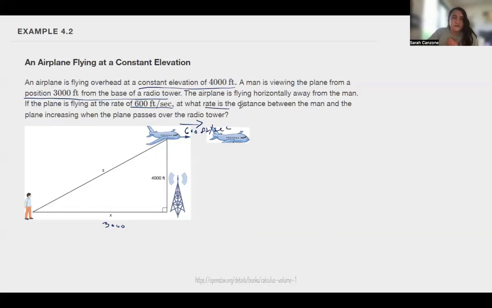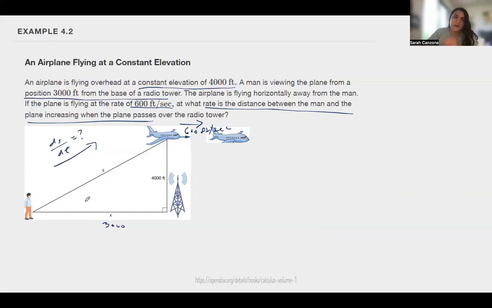At what rate is the distance between the man and the plane increasing when the plane passes over the radio tower? So now we're looking for the rate of the distance between the man and the plane. So the distance between the man and the plane will be from here to here, which is the hypotenuse of this triangle. All right, so we're looking for, if they call this S, you can call this whatever you want, we're looking for this here, which we'll say is dS/dt, and we don't know what this is.